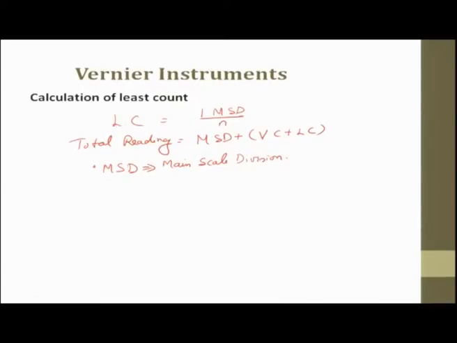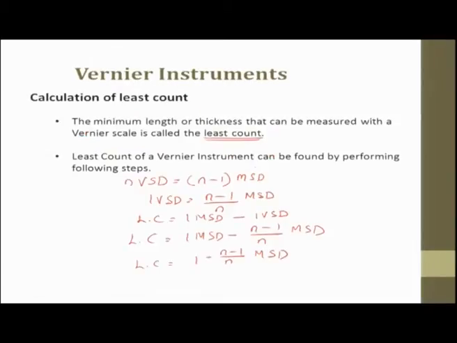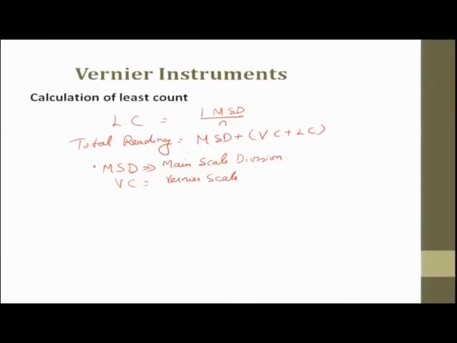LC is the least count and VSD is the vernier scale division. So, this is how we calculate the LC for a given vernier. This is 1 MSD by n, where n is the number of divisions.